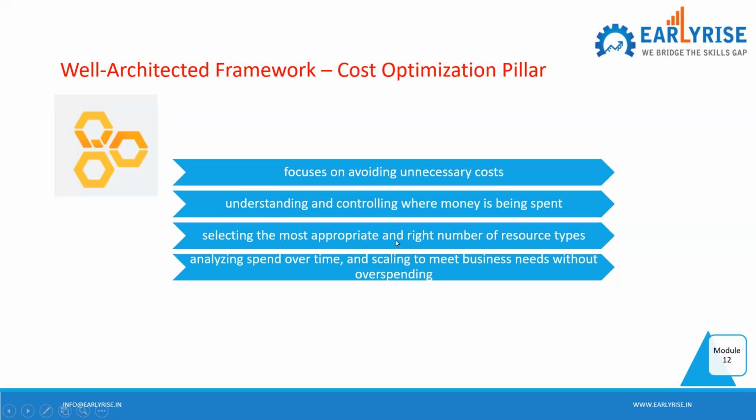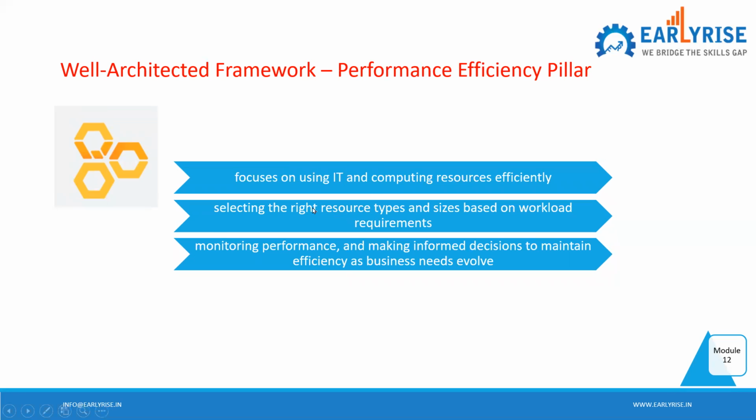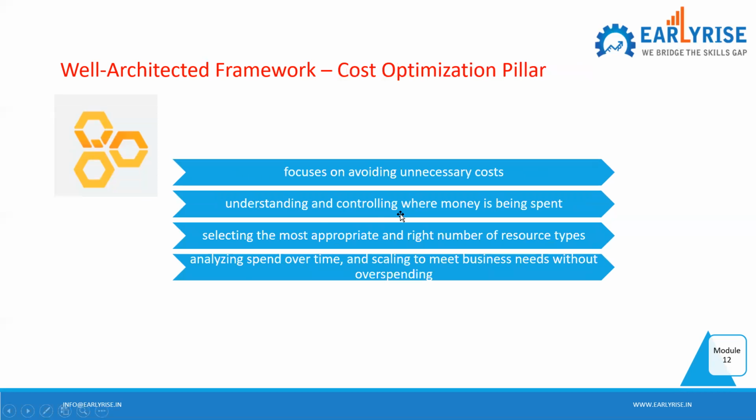Selecting the most appropriate and right number of resource types. In the previous point we were just looking at right resource types. Again, you see the sequence here: the most appropriate and right number of resource types. How many servers do you need? Which server is most appropriate?